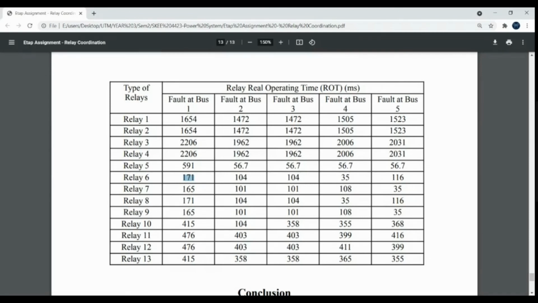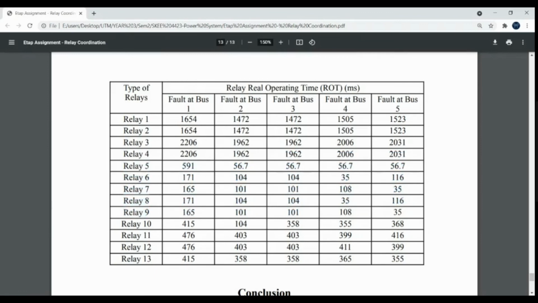And when the fault occurs at bus 2, relay 5 will operate first, then followed by other relays, same as the fault at bus 3. Relay 5 will also operate first, then followed by relay 7, relay 9 and other relays.